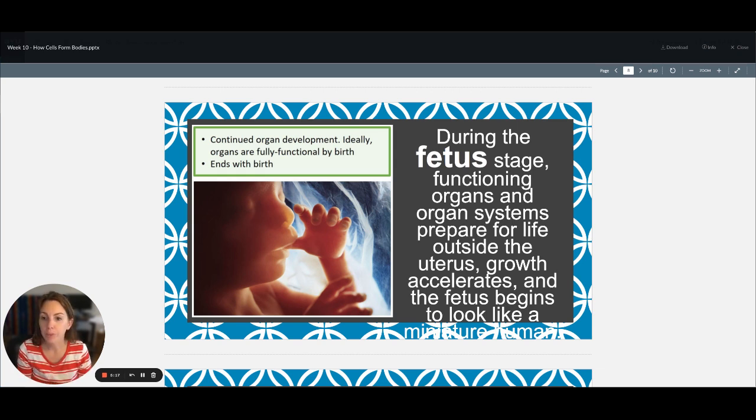For example, lung development is a really important thing that happens during the fetus stage. And even though lungs exist much, much before a full term birth, they are not ready to function in the outside world until very, very near to full term. And that's often a primary focus on premature infants, is their continued lung development.